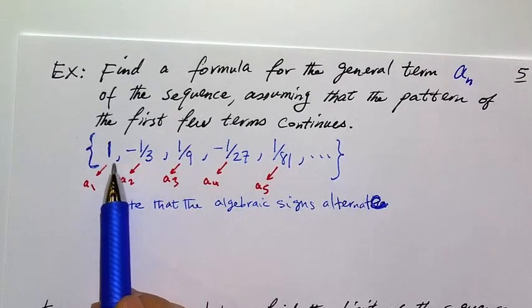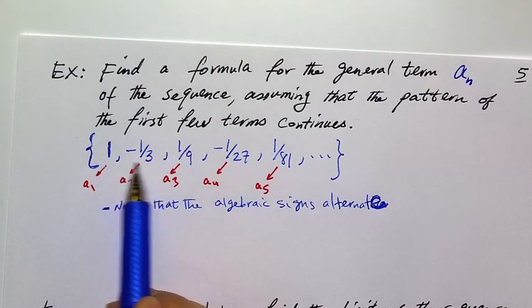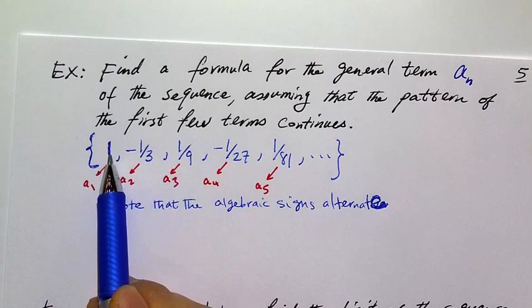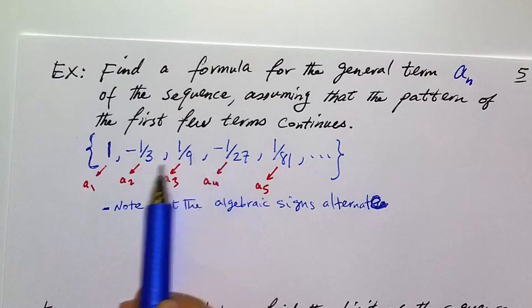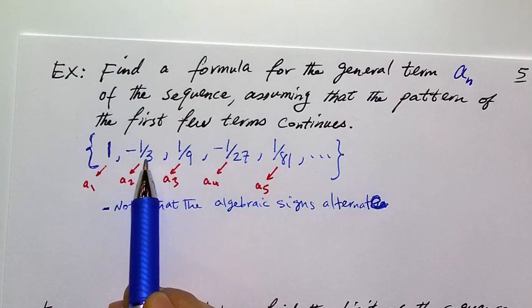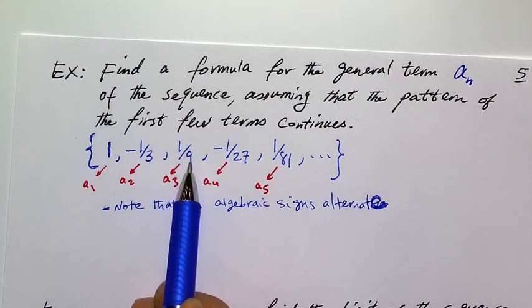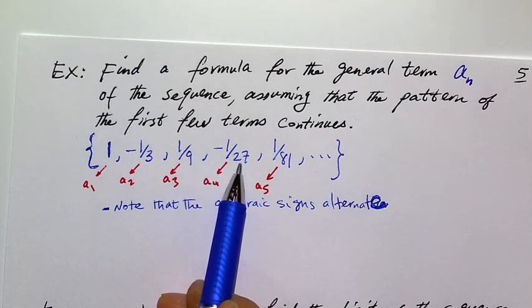Also, notice that every term after the first is a multiple of 1/3. If we disregard the algebraic signs for a second, 1/3 times 1 is 1/3, 1/3 times 1/3 is 1/9, 1/9 times 1/3 is 1/27, and so on.